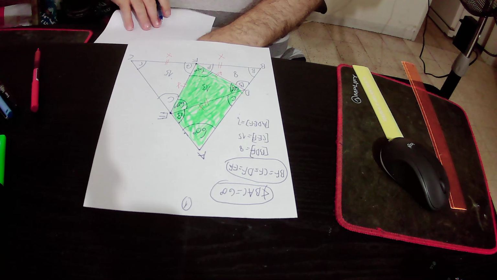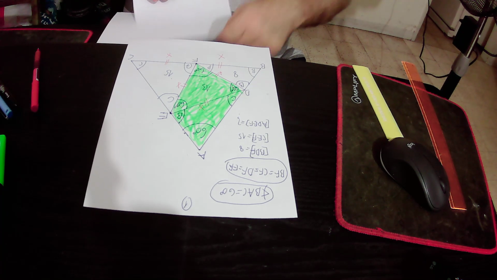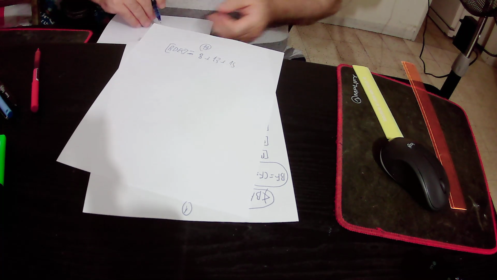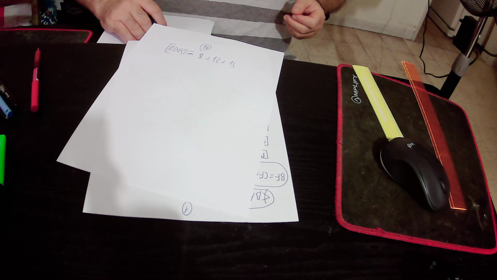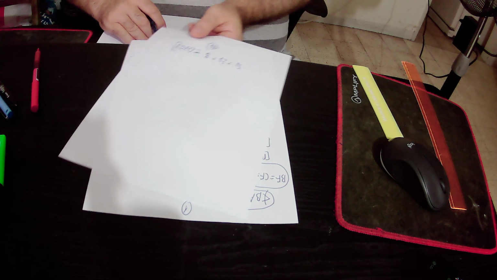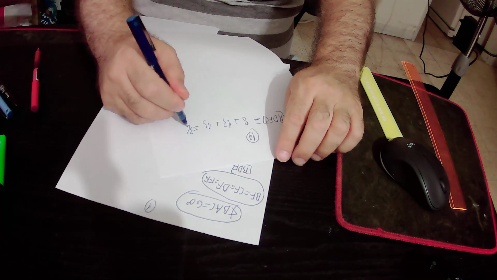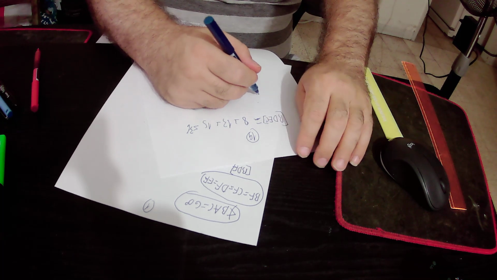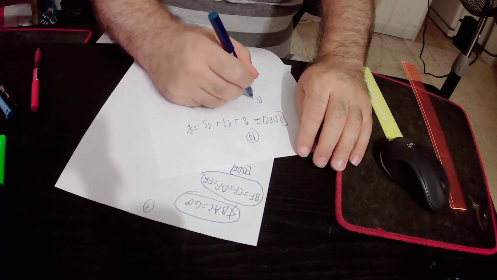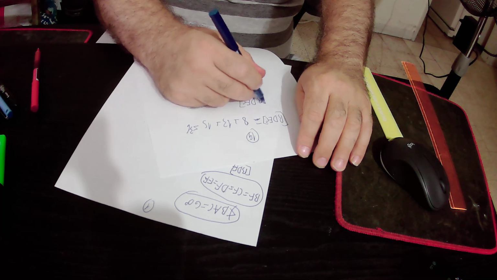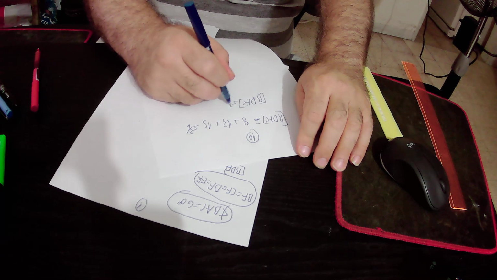So the area of the green shape will be equal to 8 plus 13 plus 15. 8 plus 13 is 21 and 21 plus 15 is 36. So we found out that the area of quadrilateral BDEC equals 36 square units.